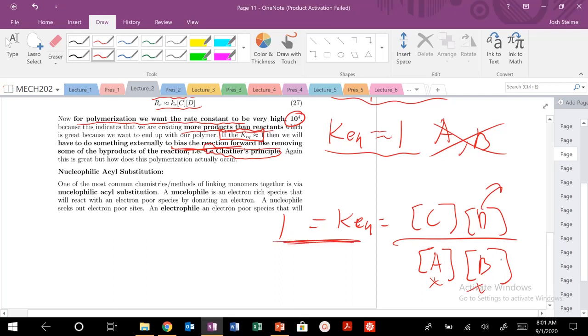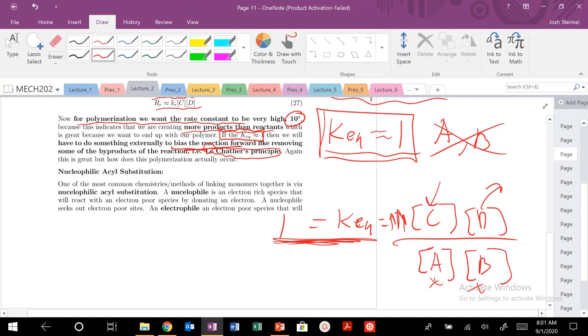We can't remove all of the material, but in order to maintain this K equilibrium constant, if we remove this byproduct, it's going to create more. The C concentration has to increase to satisfy this expression. So that's one way we could move this reaction forward if we're stuck with this lower reactivity K equilibrium constant.